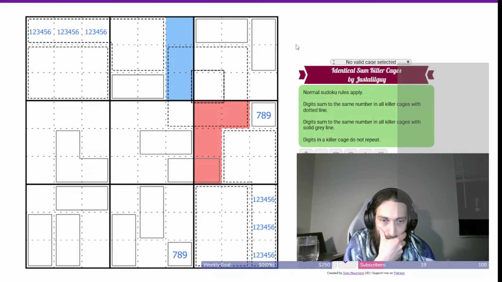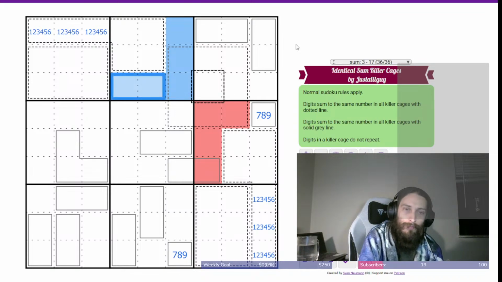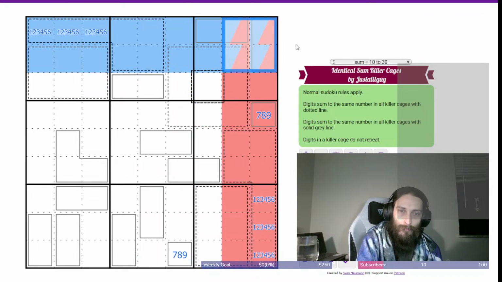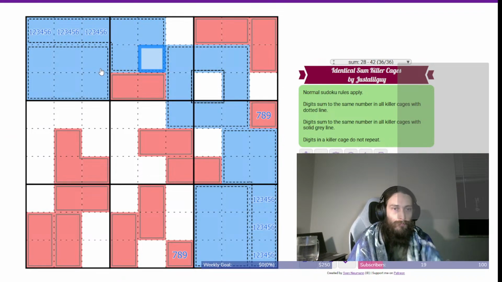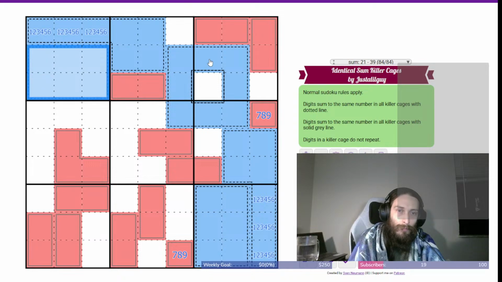Right. In boxes 1 and 3, where are they? Well, they have to be in the bottom. Yeah, there. And they can't be in the red.